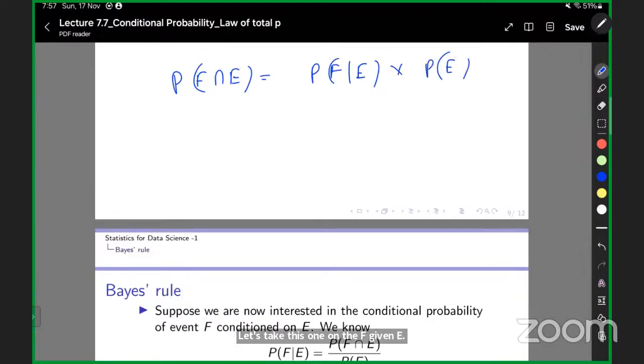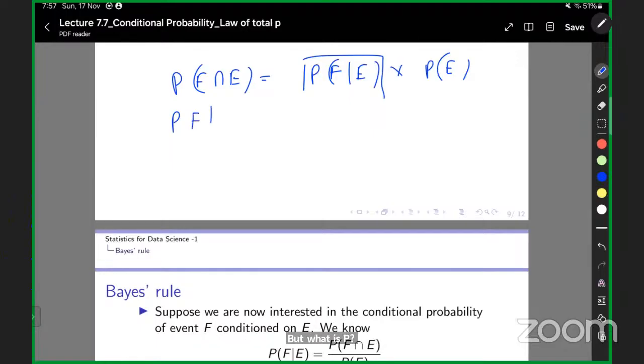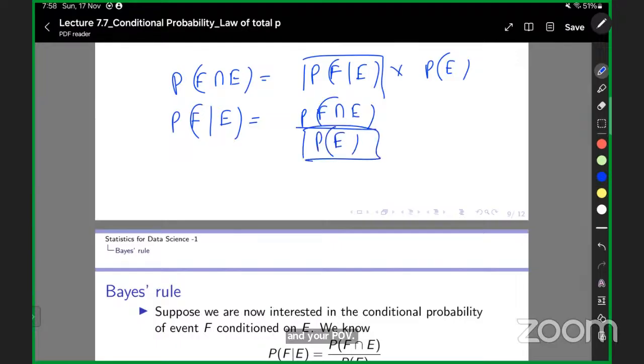This we know. So from this only we can have P of F given that E has already occurred, which is going to be P of F intersection E divided by P of E. The P of E part is the good one, which we found using the total law of probability.